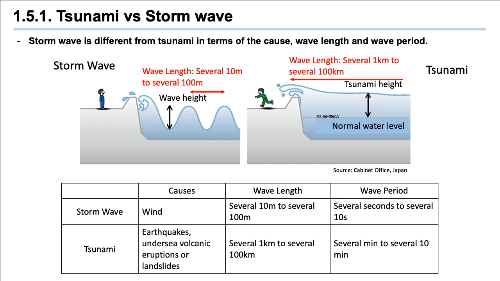The wave period of storm wave is several seconds to several 10 seconds, mostly less than 30 seconds, while the wave period of tsunami is several minutes. Wave force acting on coastal structure is also different, so storm wave is quite different from tsunami.